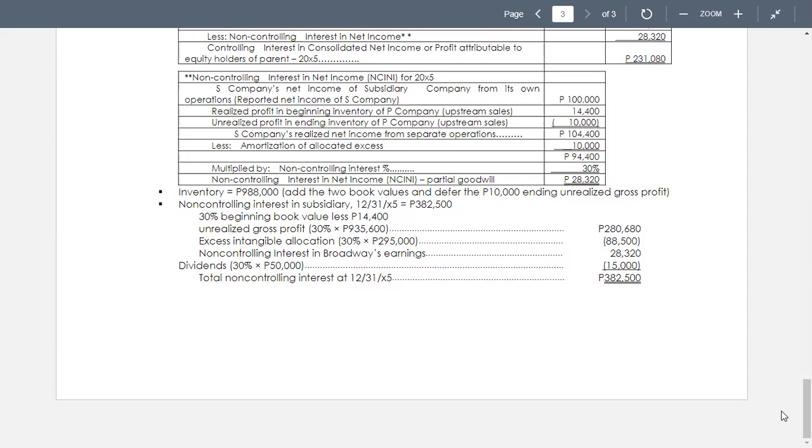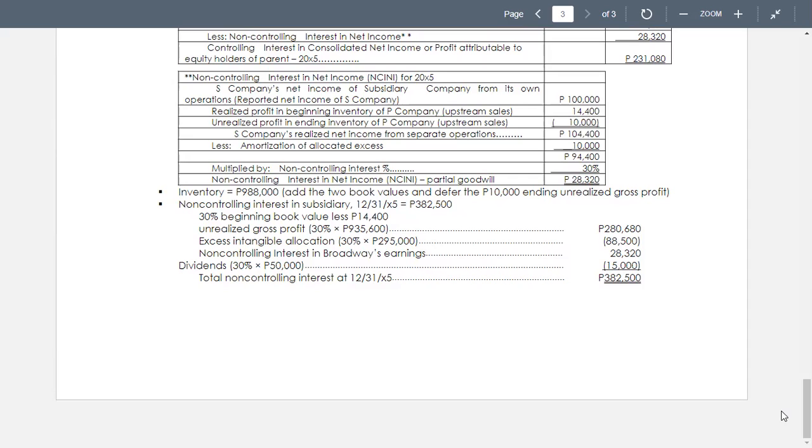So we now get the result of 240,300, letter C. Number 7, non-controlling interest in the consolidated net income. Number 6 is controlling interest in consolidated net income. Number 7 is non-controlling interest in the consolidated net income.